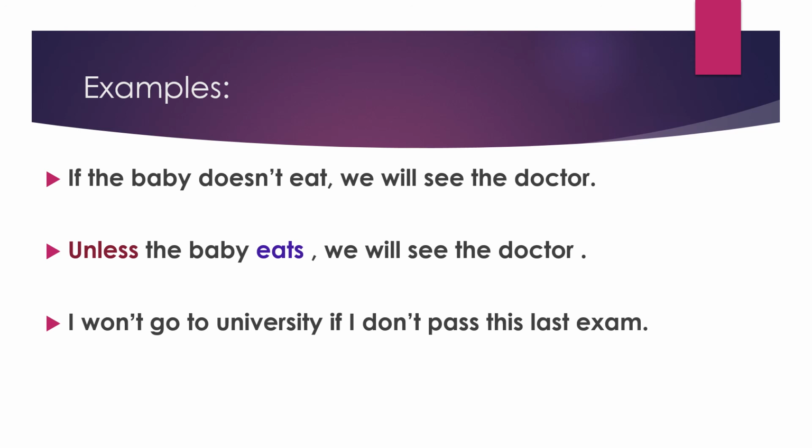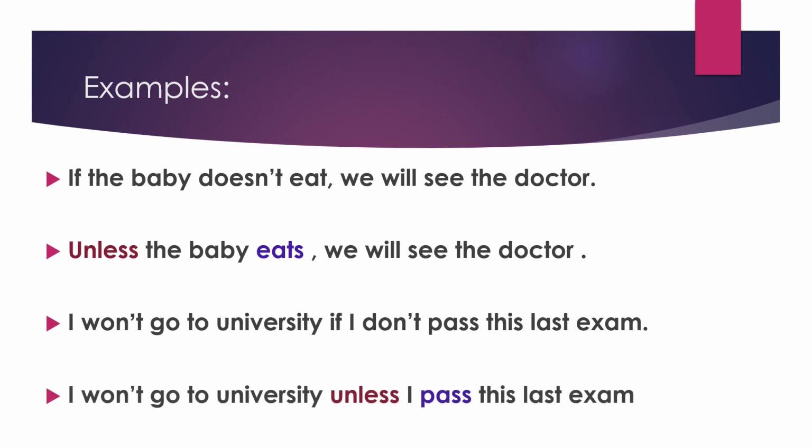Instead of if, we put unless, then the subject I. We delete any negative, which is don't, and put the infinitive verb: pass this last exam. I is plural, that's why we put the infinitive verb.